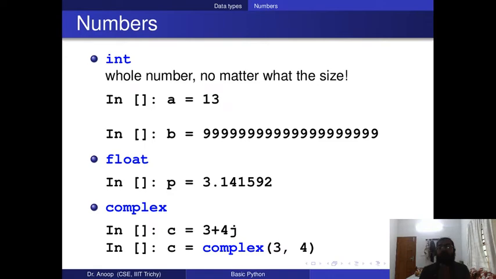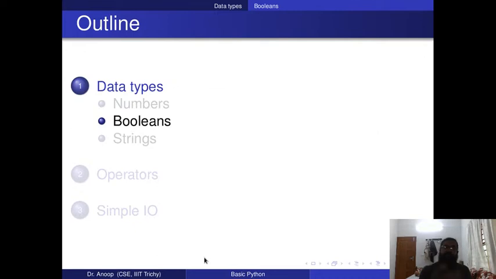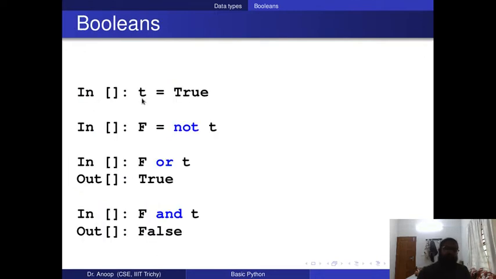But if you are going to write programs which are difficult or complex, in that case you might have to look into the details of how it has to be implemented. So integer, floating point values, complex, as we have seen already, bool we have seen. t is equal to true, f is equal to not t.